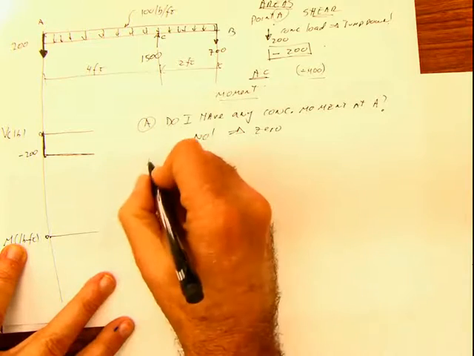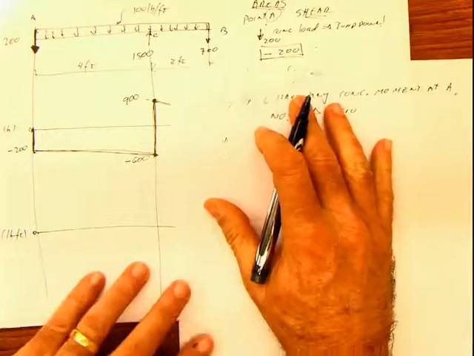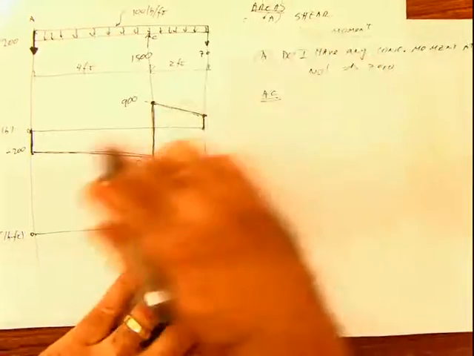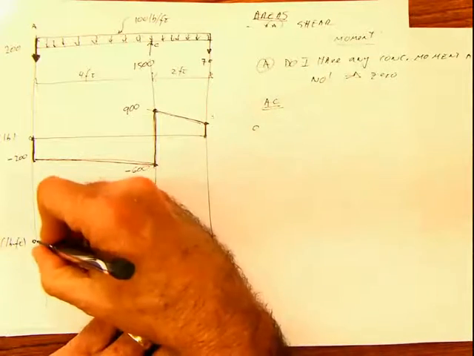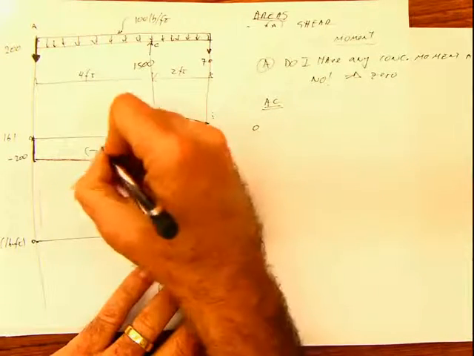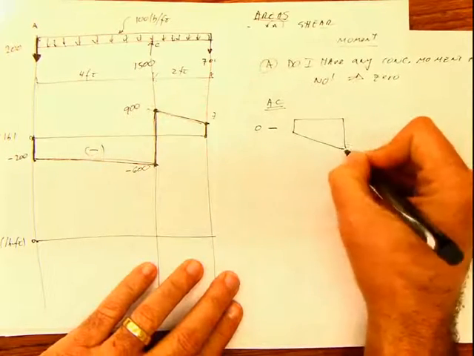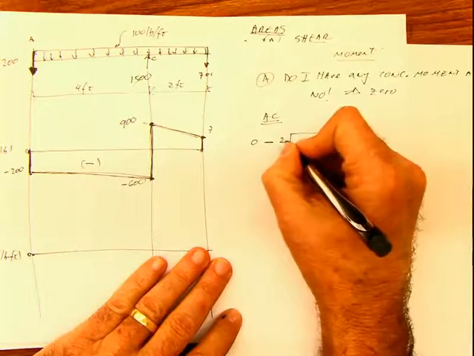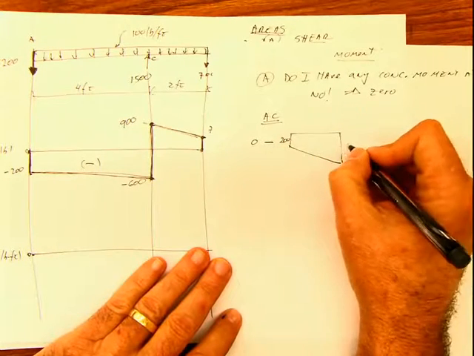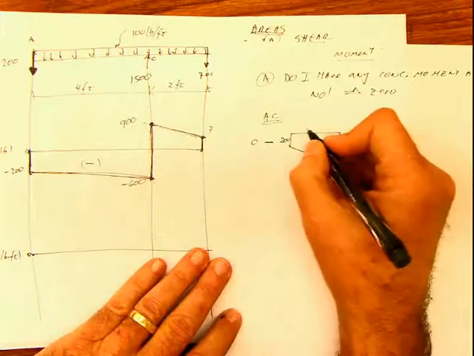Now we go to AC. And in AC, what I have is this part. So basically I'm going to start from 0, and then I have this negative area, which is just this area here. And this value is 200, and this value is 600. You see, 200 and 600, and this distance is 4.